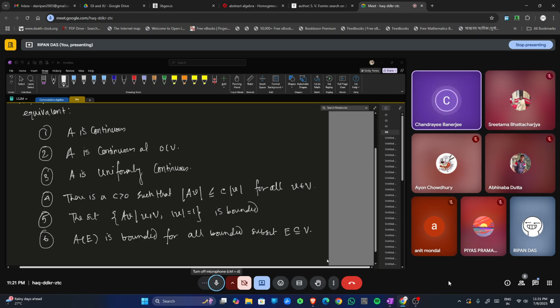So for certain n greater than zero, x naught by n will belong to that neighborhood of zero. Can you please write and send the proof to the group?